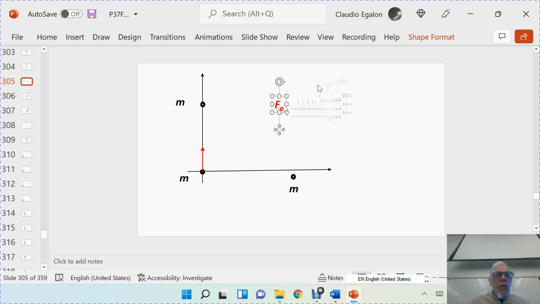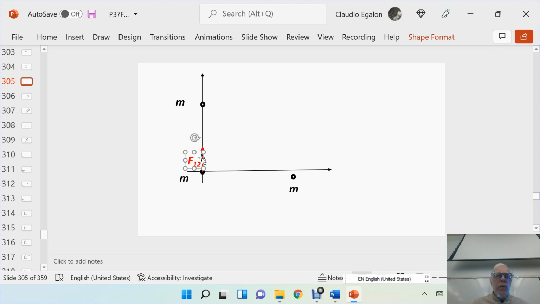This force I will call the force on 1 due to 2, F12.